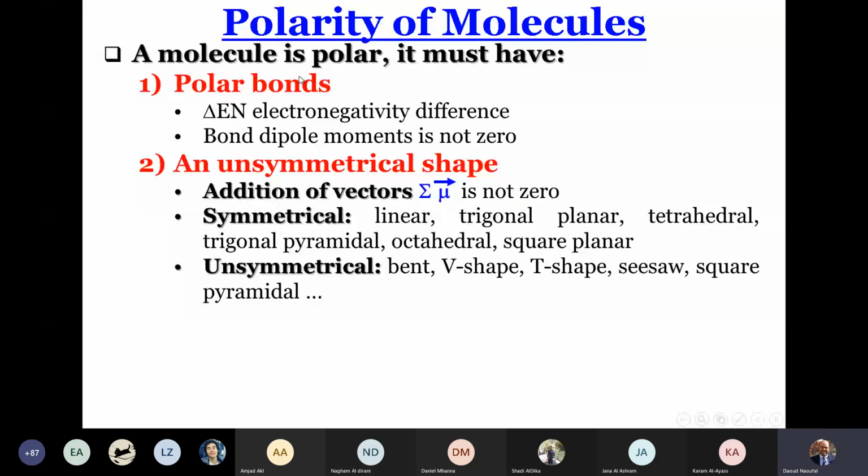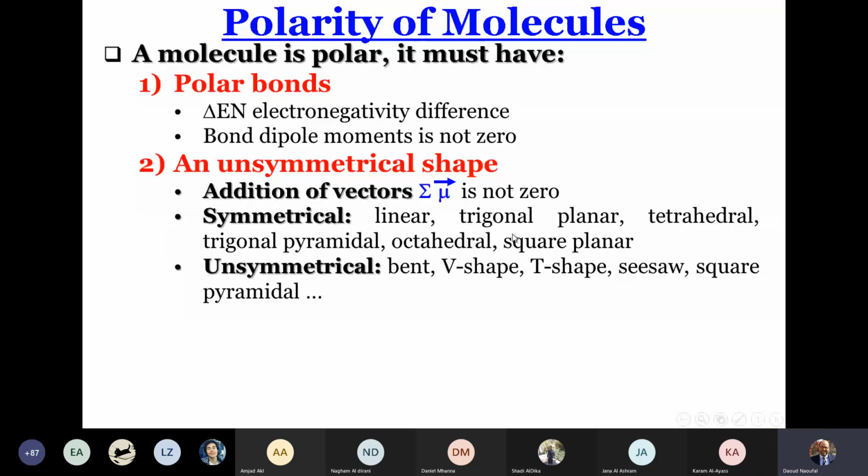Second, if a molecule is polar, that means its shape is non-symmetrical. What is the meaning? For example, if I have X2 linear, directly I can answer that since the structure is symmetrical, this molecule is not polar.